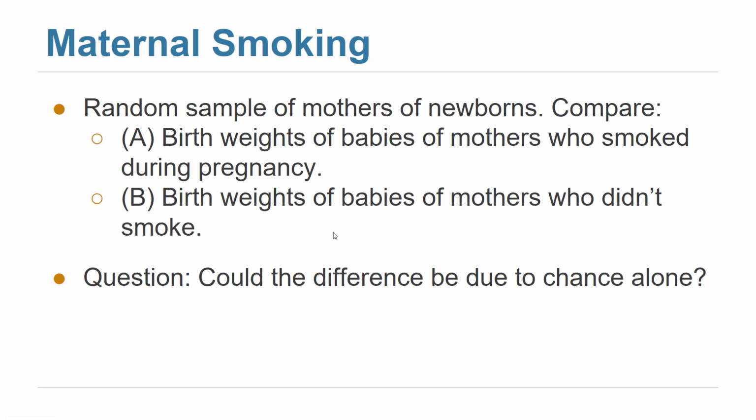And the question is, is there a difference in the weights of the babies in these two groups or not? Or in other words, could the difference be due to chance alone?